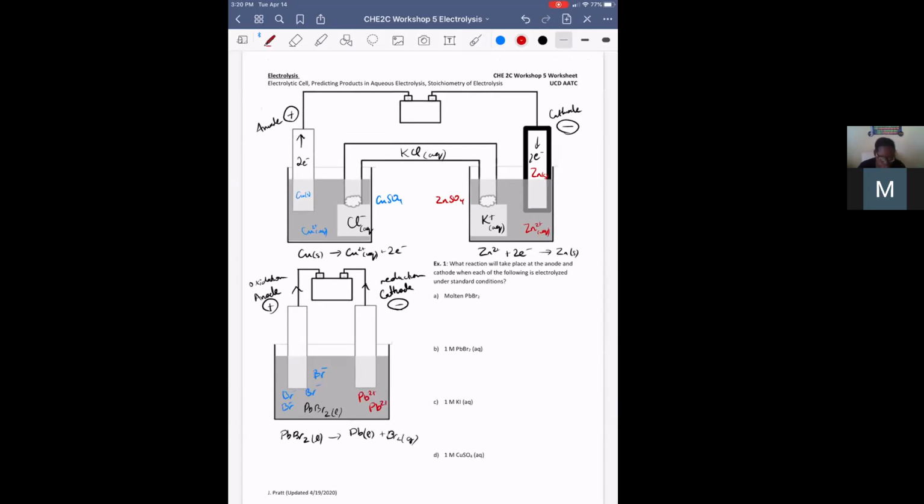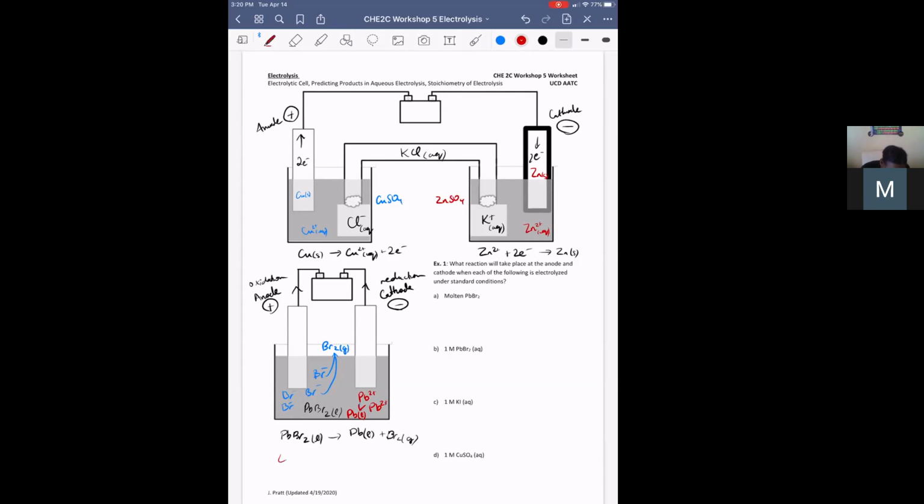In this electrolytic cell, our bromines will combine to give us Br2 gas, and our leads will combine to give us Pb as a liquid. Lead is a liquid.